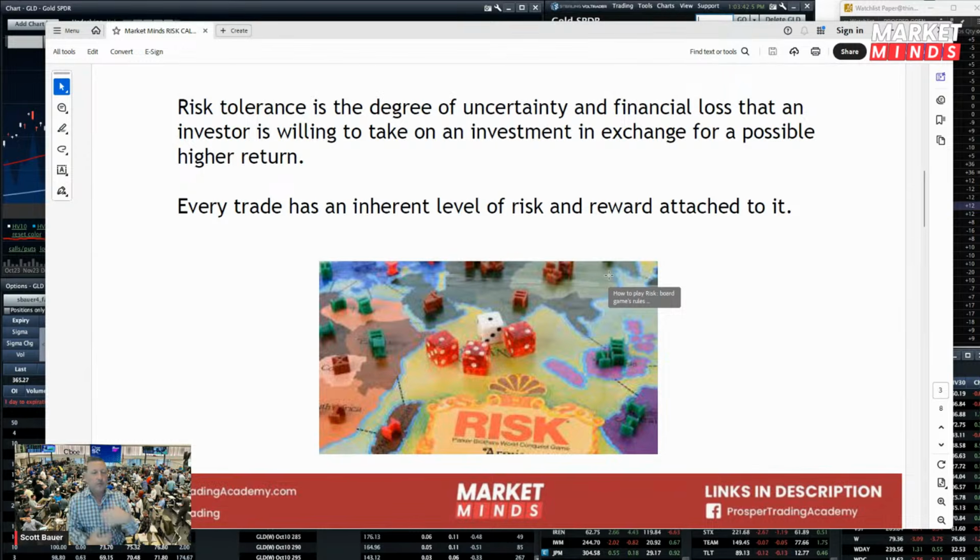Risk tolerance is the degree of uncertainty and financial loss that you are willing to take in any investment. We always talk about it in terms of our option strategies. Every single trade, no matter what, has some level of risk to it, and obviously some level of reward.